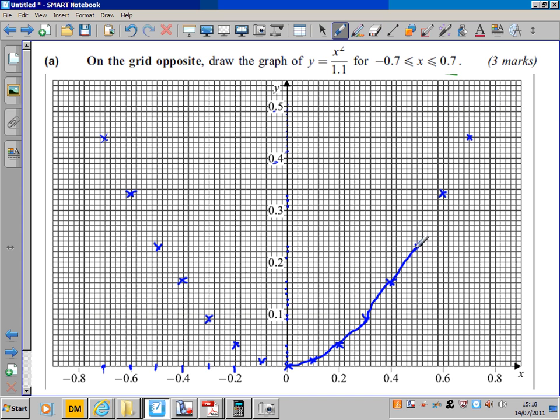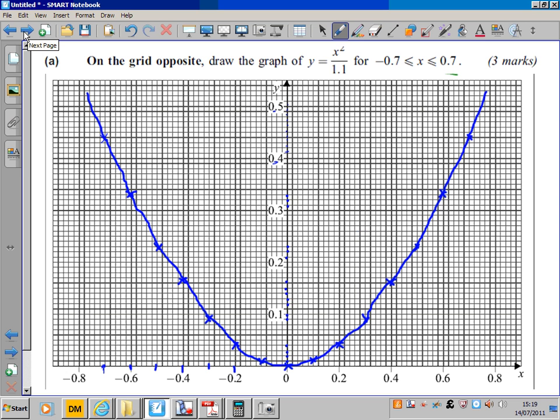And yours is going to look much neater than this, because remember I'm just using a mouse here. You might want to bring that up there like so. When you do this, it's going to look much smoother, and that is what the marks are for. The marks are also for making sure that you go through each of the points. And there we go, we've got a nice parabola shape there.